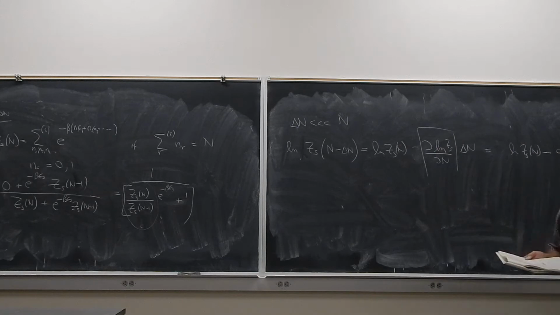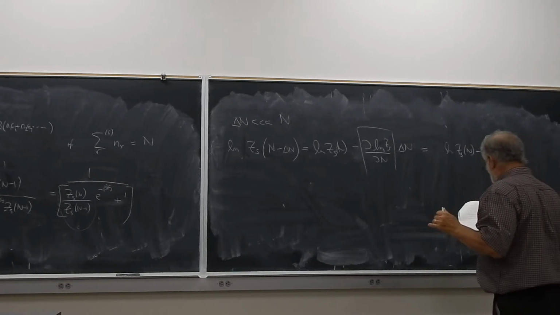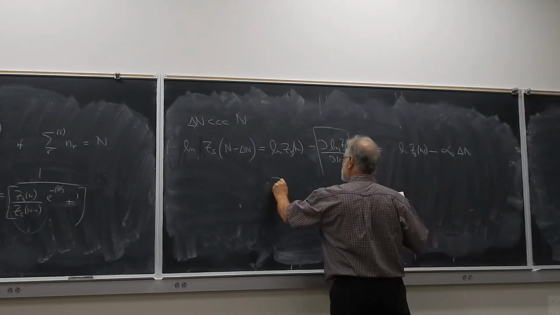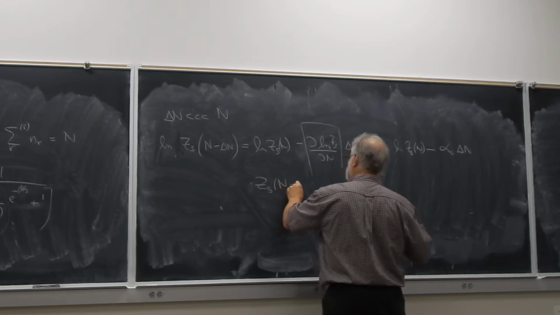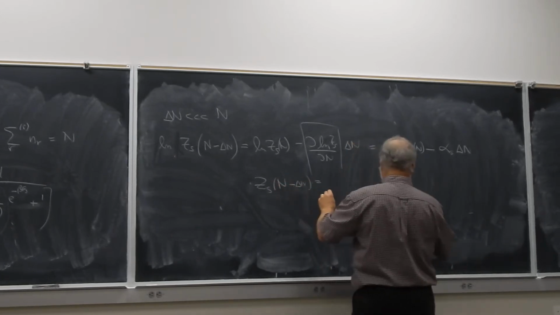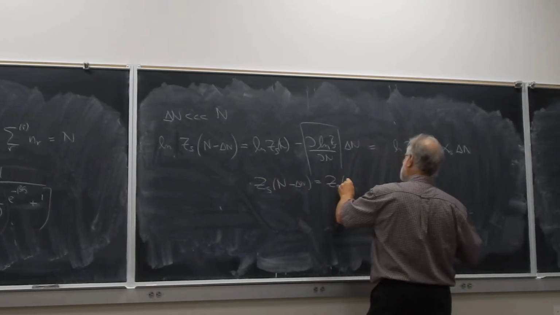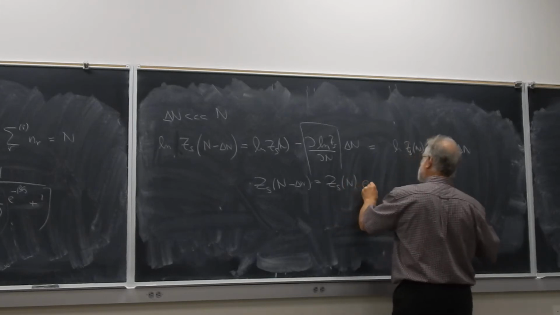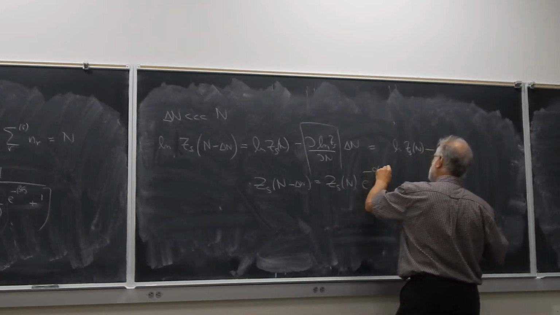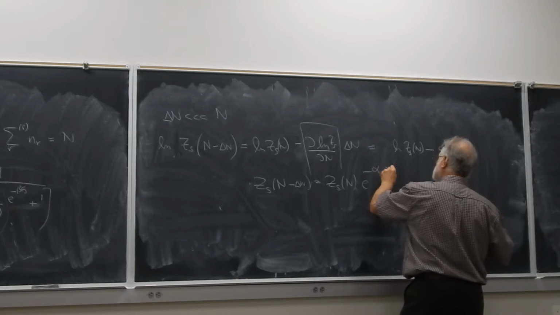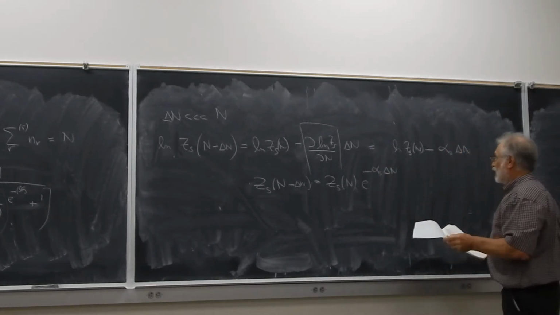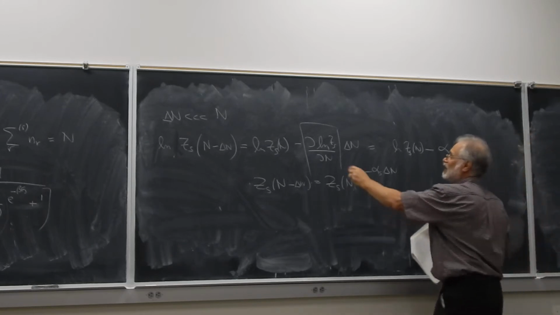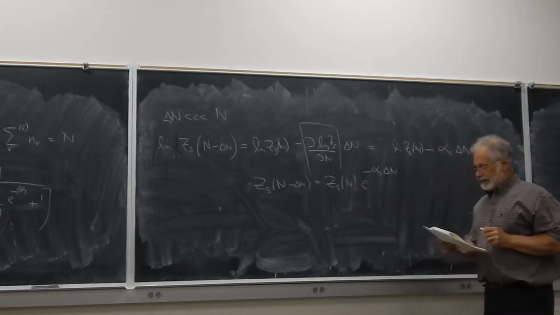That should look familiar to you, but we'll get to that in a second. So what this is saying is Z sub S of N minus delta N would be equal to Z sub S of N times e to the minus alpha sub S times delta N. And of course, alpha is just d log Z dN.